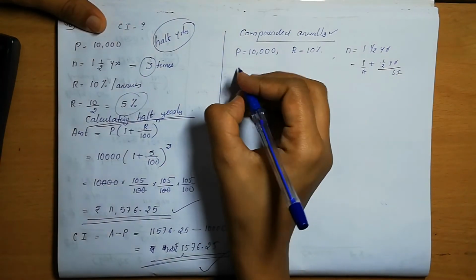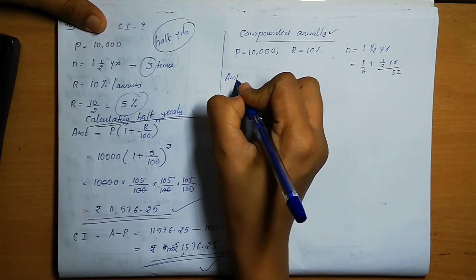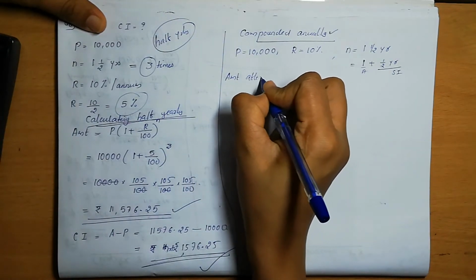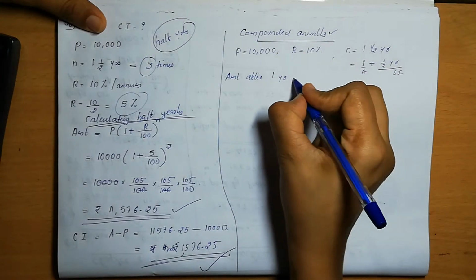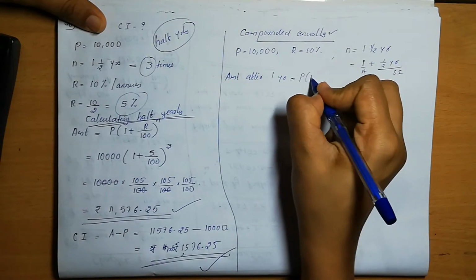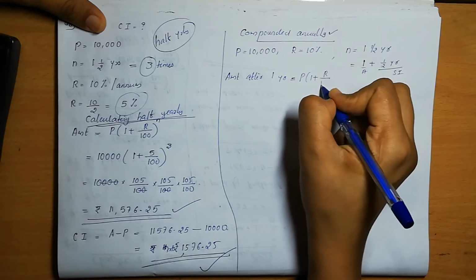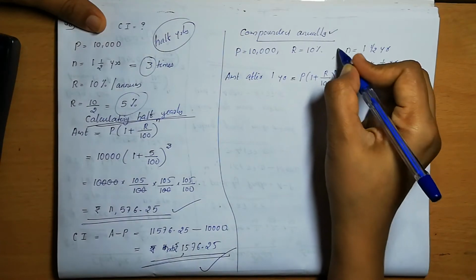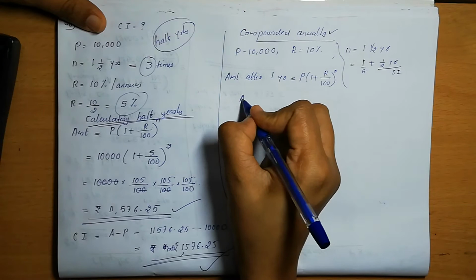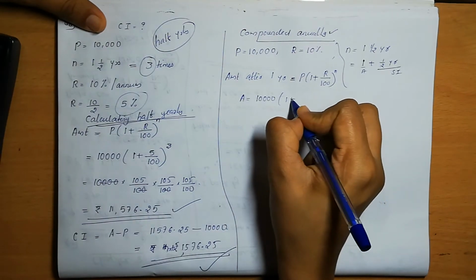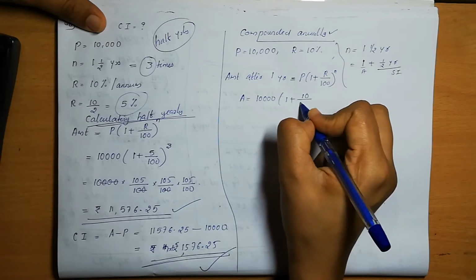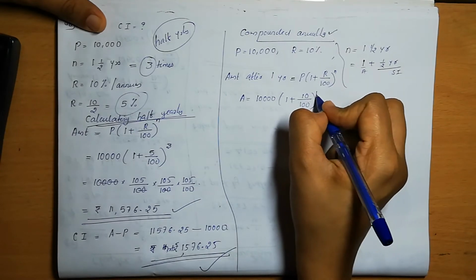So the amount after 1 year, calculating annually, is equal to the same equation, P into (1 plus R by 100) raised to N, right? That is equal to P is 10,000 into (1 plus 10 by 100) raised to N is 1, correct?